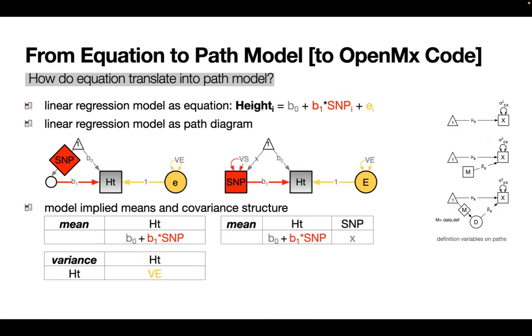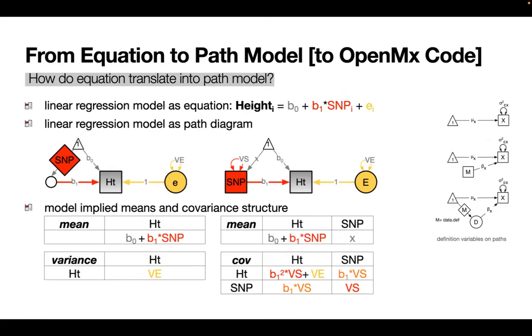And when we then work out the expected variance, in this case, we have two variables, so we have the expected variance covariance matrix with on the diagonal the expected variance of height as well as the SNP, and then in the off-diagonal element, the expected covariance, which in this case is b1 times the variance of the SNP.